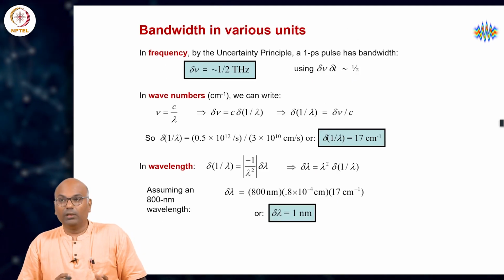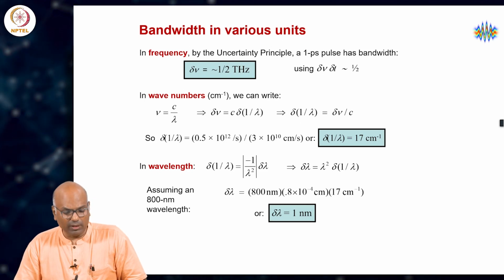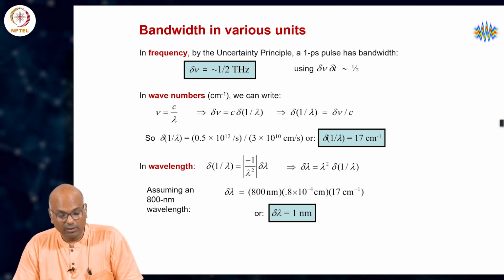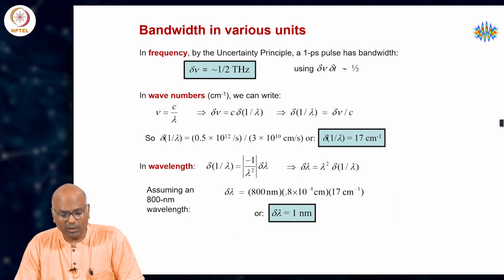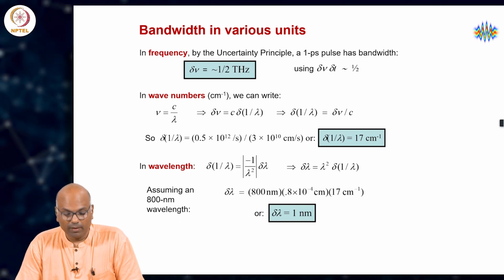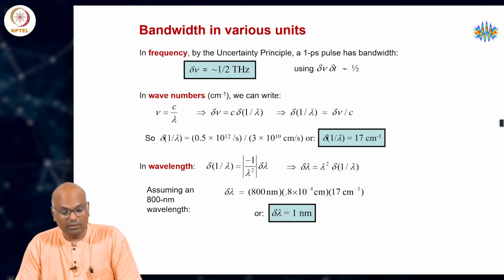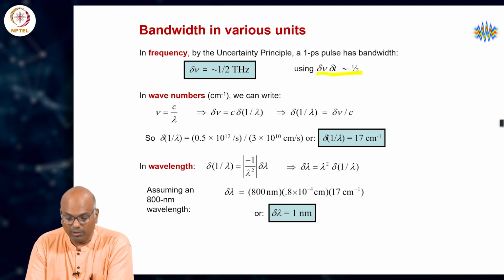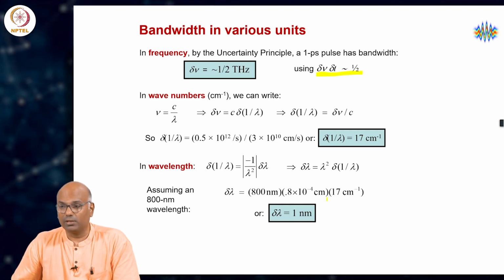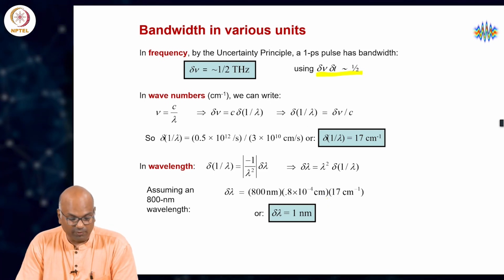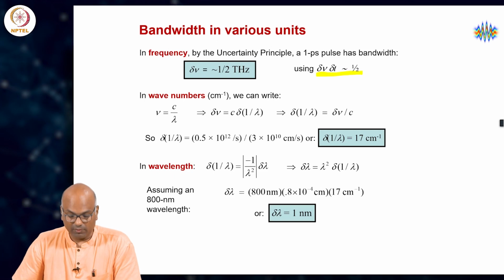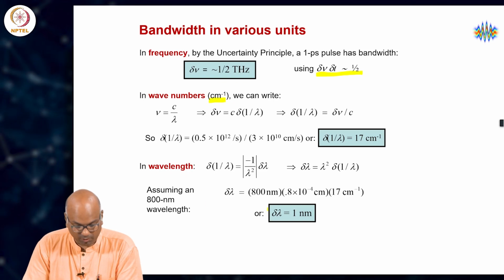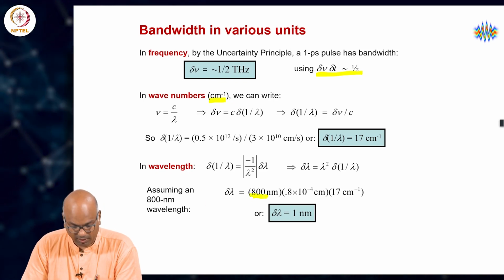Okay. Now, we are well past our time at the moment, so I will leave this as an exercise for you to try out. Consider a pulse with a width of 1 picosecond, compute its bandwidth in the frequency domain using the relation delta nu delta t is about a half, sort of the uncertainty principle, and then transform the width into wave number units, which is 1 over lambda measured in inverse centimeters, and into wavelength units, considering a central wavelength of 800 nanometers.